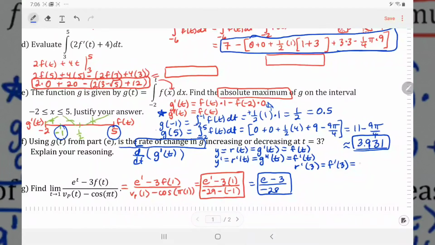So the rate is decreasing. The rate of change of g is decreasing since the derivative of the rate is negative.